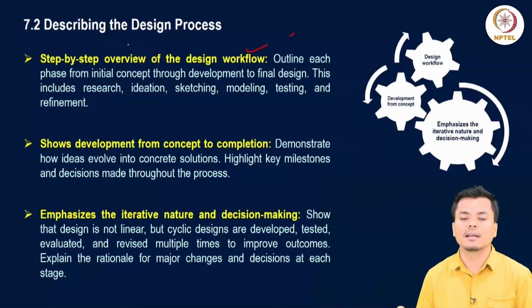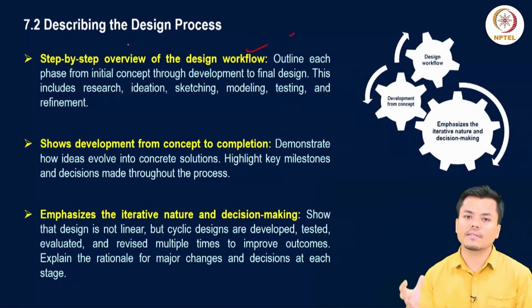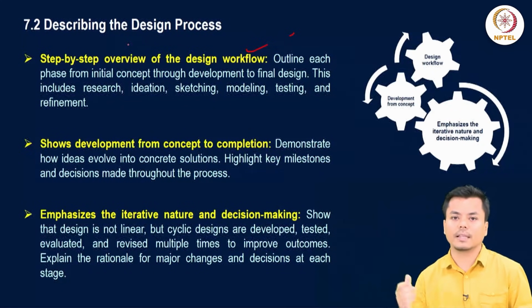All those seem to be a very linear process, but at times when you develop your floor plan, and then go back to placing it on the site, or when you see that placing different blocks requires some amount of adjustment within the floor plan or within the elevation, you have to go back to the floor plan stage and rectify the layout of spaces and the composition of different spaces within the floor plan. So this is why it is not a linear process in that sense, isn't it?